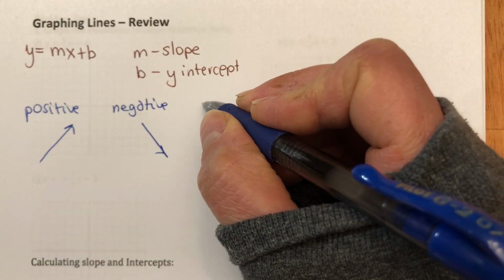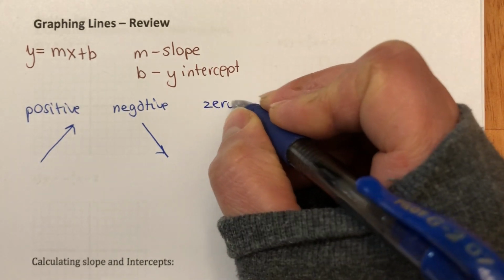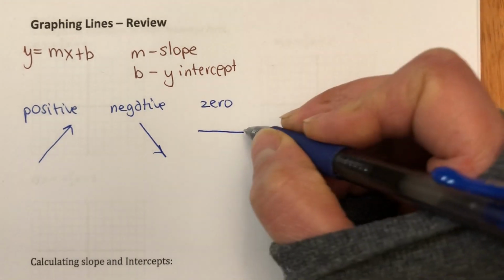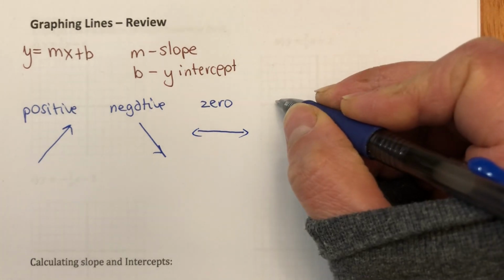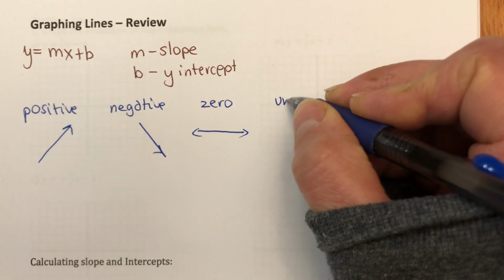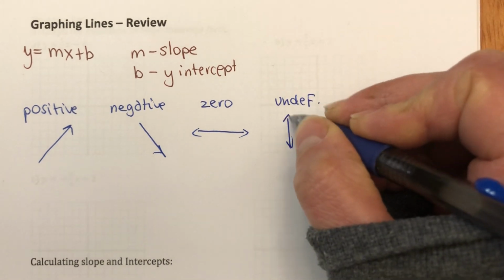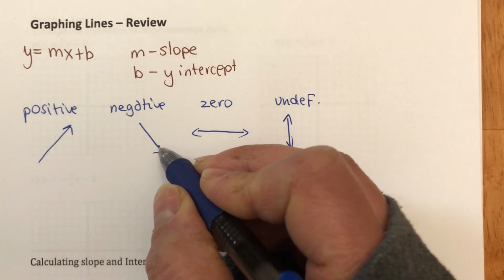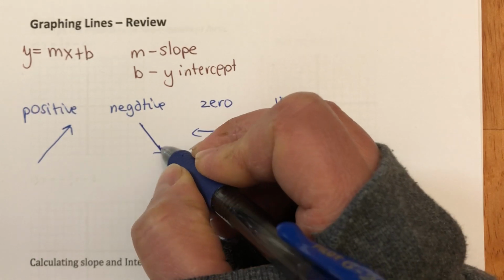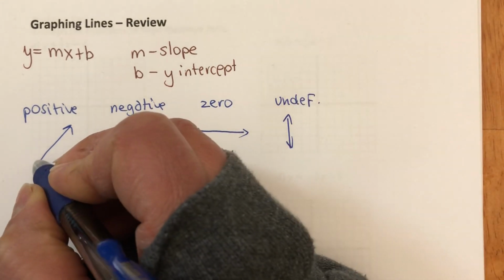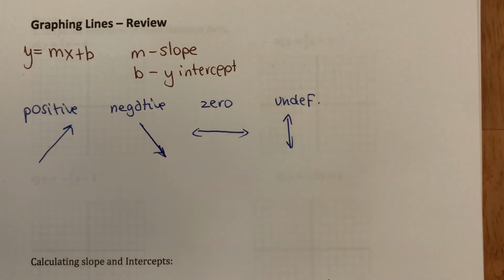And when slope is 0, you will have a horizontal line. And when slope is undefined, your line is going to look like this. Of course, it doesn't have to look like this. The idea is that it's going down from left to right, and this one is going up from left to right. So let's remember about that.